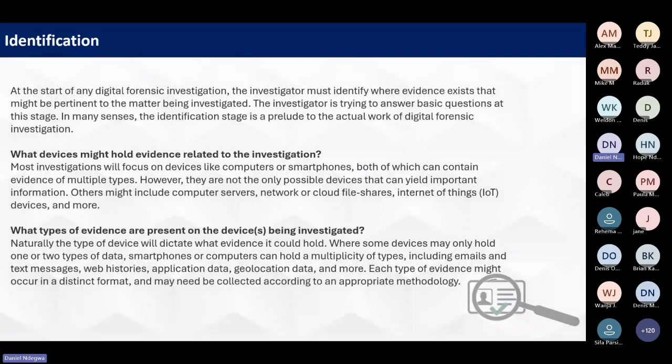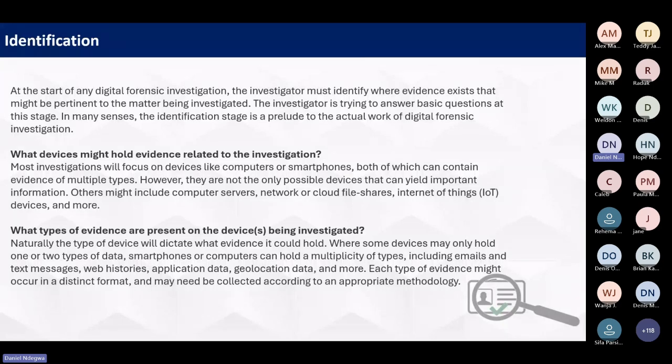So if it is an incident that had a vector around an application that has web access, then collecting browser history becomes very important during the investigation. Also understand the different types of events and distinct formats that you need to collect.